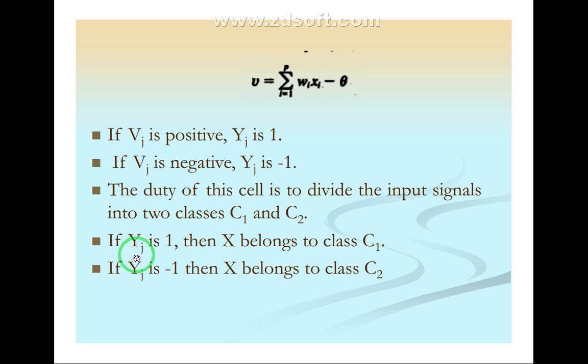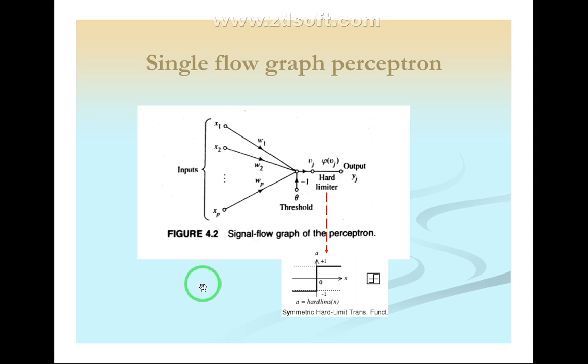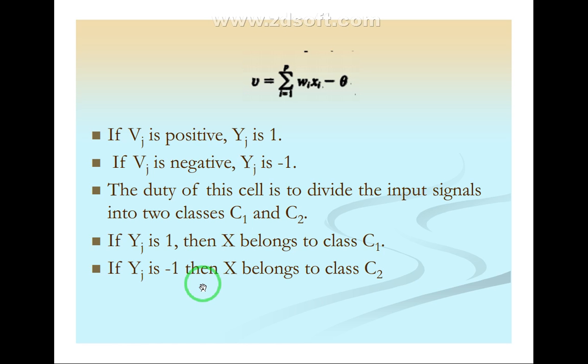Therefore, if Yj is 1, then the input vector x belongs to class C1. And if Yj is -1, then x belongs to class C2. Very simply, you can see the representation of how a single layer perceptron can linearly separate the input signals into two classes, C1 and C2.